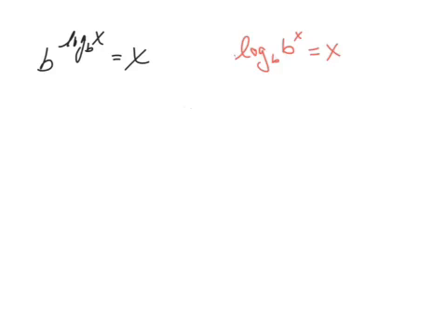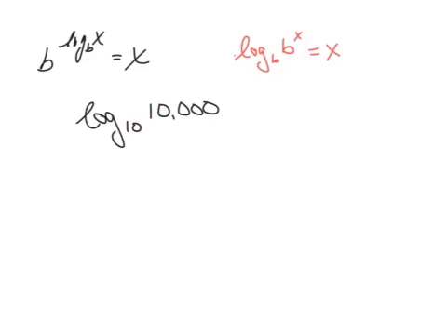Let's look at example 6. We have log base 10 of 10,000. What we're going to do is try to get these two numbers to be the same, kind of like the b and the b here. We want them to be the same.